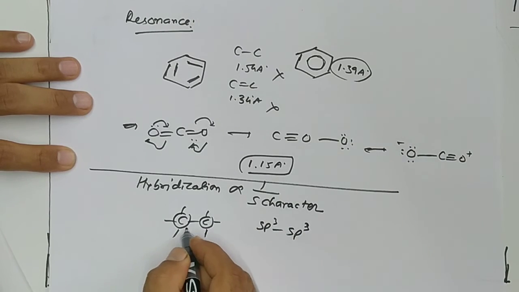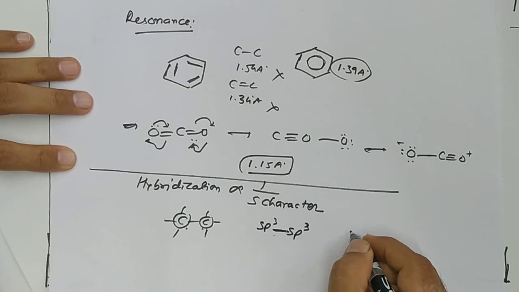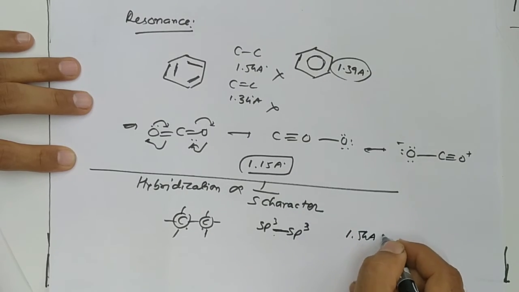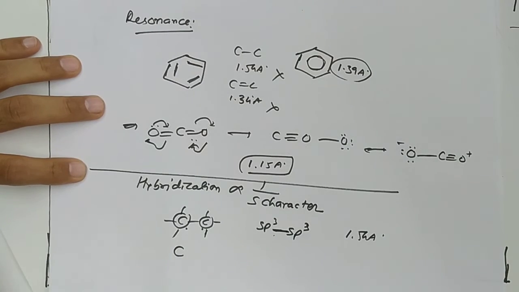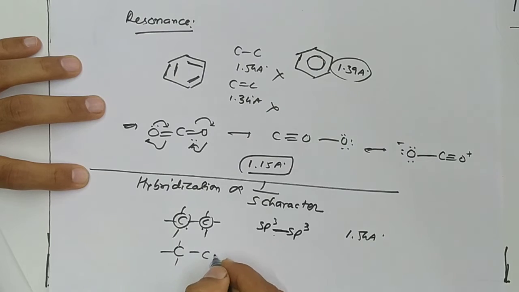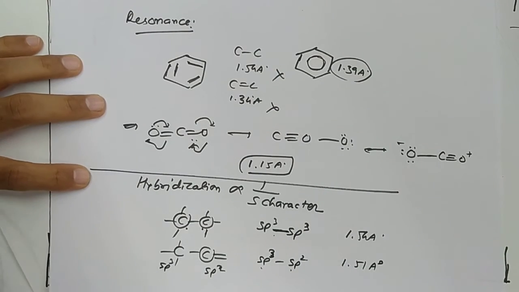So when sp3 of this carbon and sp3 of this carbon form a sigma bond, the bond length is 1.54 angstrom. In the case where the double-bonded carbon possesses sp2 and this one sp3, when sp3 combines with sp2, bond length decreases to 1.55 angstrom.